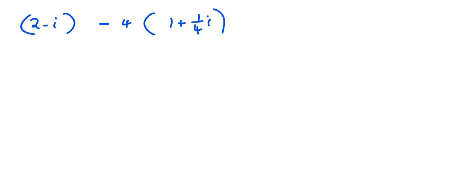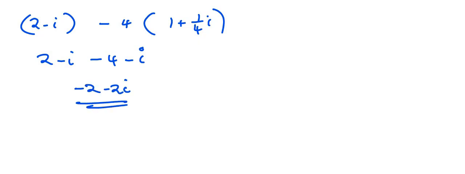Okay, so this is 2 minus i. Then there is a minus 4, 1 plus 1 over 4 i. So this is the same as 2 minus i minus 4, then minus 4 and 4 cancels to give us i. So this here is the same as negative 2 minus 2i.